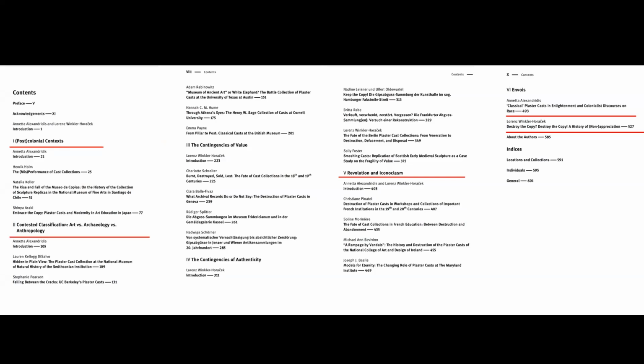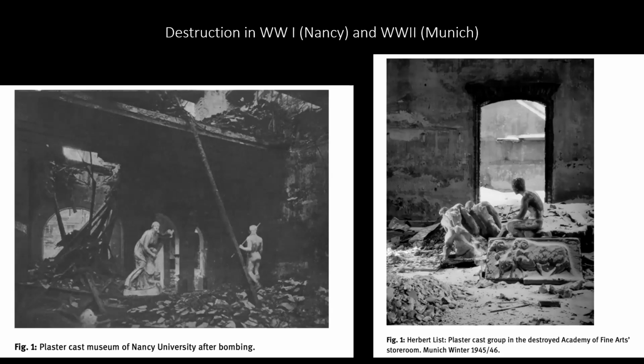Okay, so let me go a little bit through the different aspects of the destruction of casts, and I start with revolution and iconoclasm. I cannot talk about every article, of course, but one aspect of destruction, which shaped our perception very much, is destruction and war. I give you two examples.